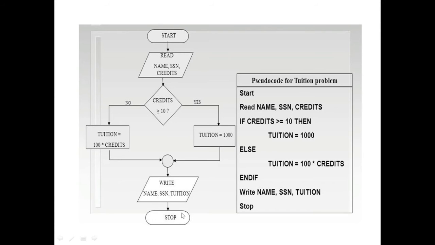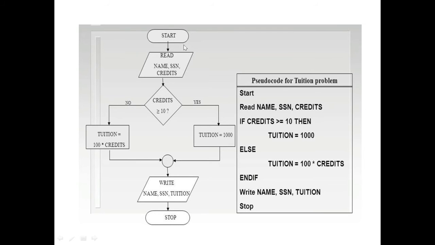Inside those boxes, I have used the two keywords START and STOP. Your flowchart must start from the START block, and in the end the oval shaped box which contains the keyword STOP must always be the end of your flowchart.